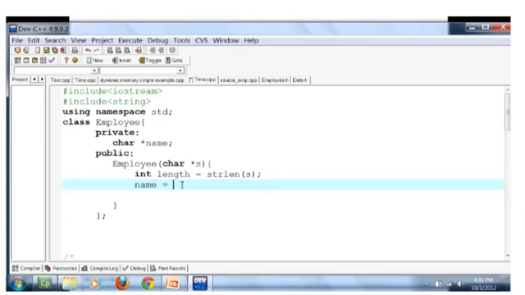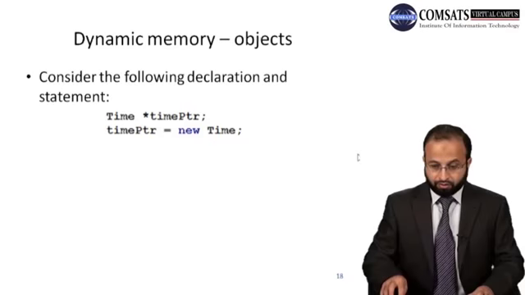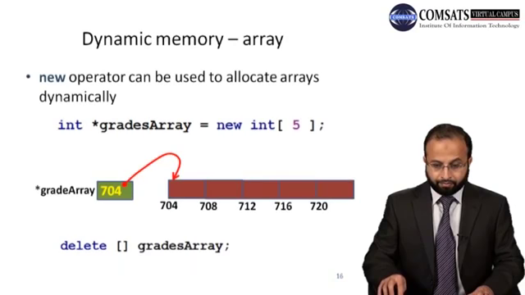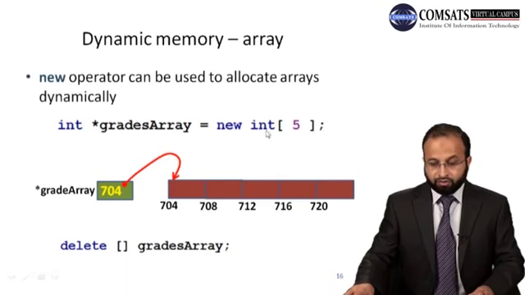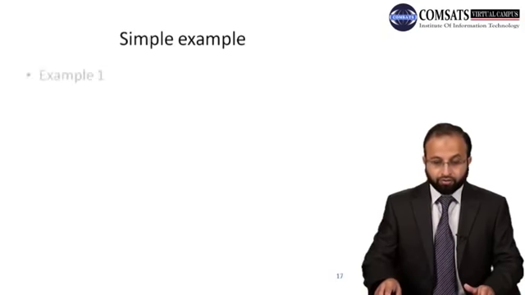So name is equal to new char. Let me check the syntax. This is the syntax of dynamically creating an array: new, type, and the number of values you want to store, right? Now let's go to the program.